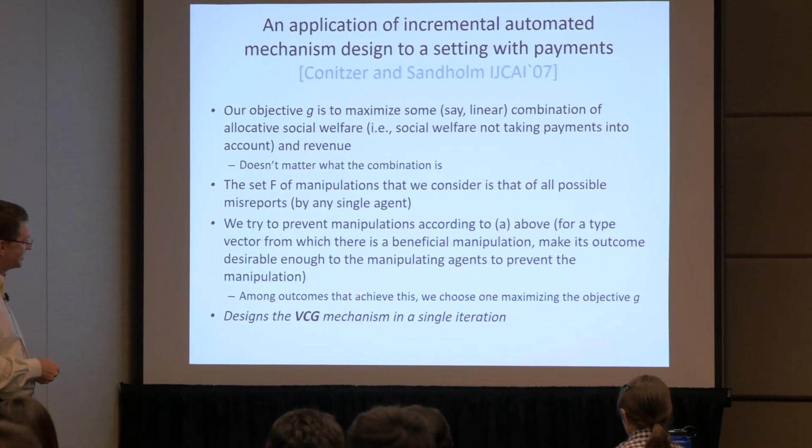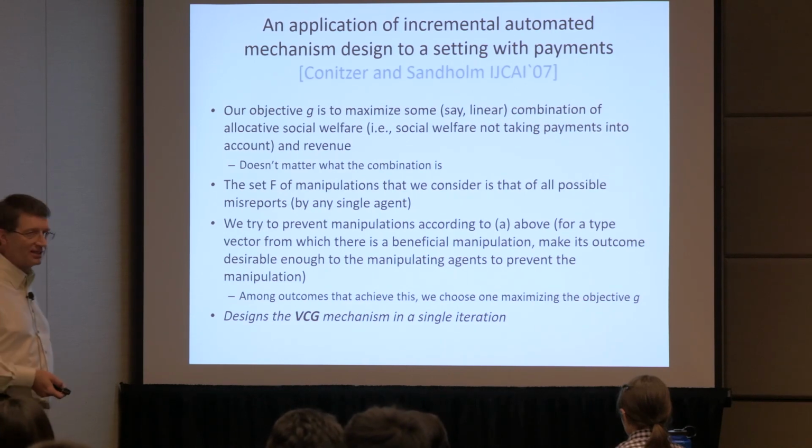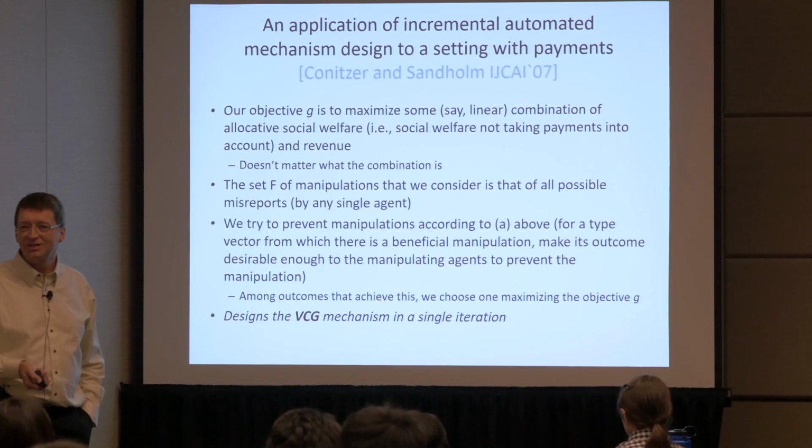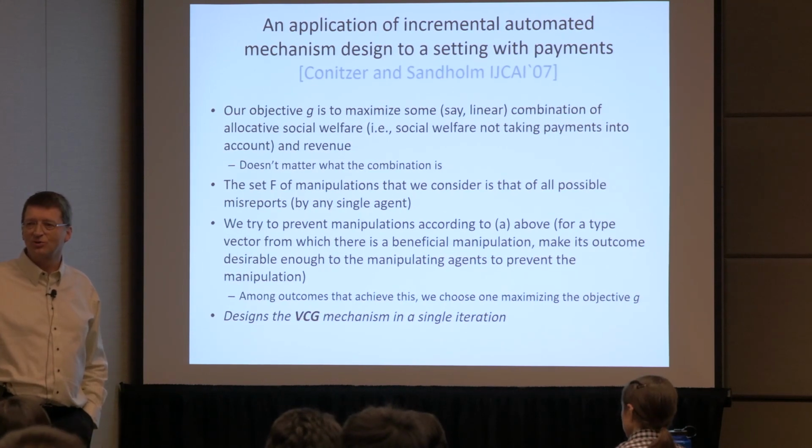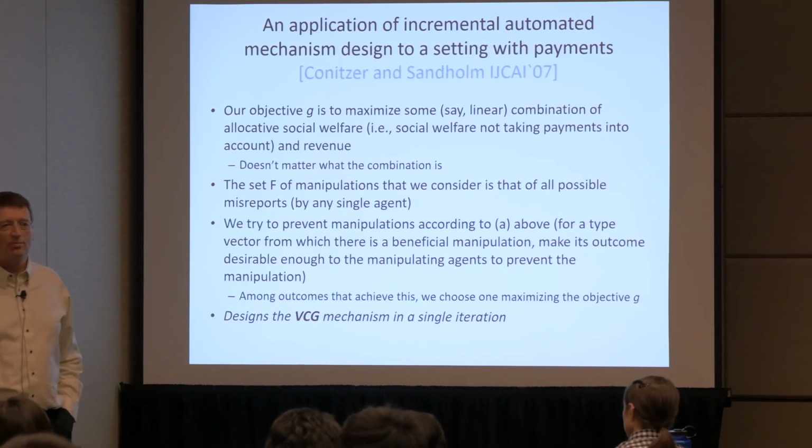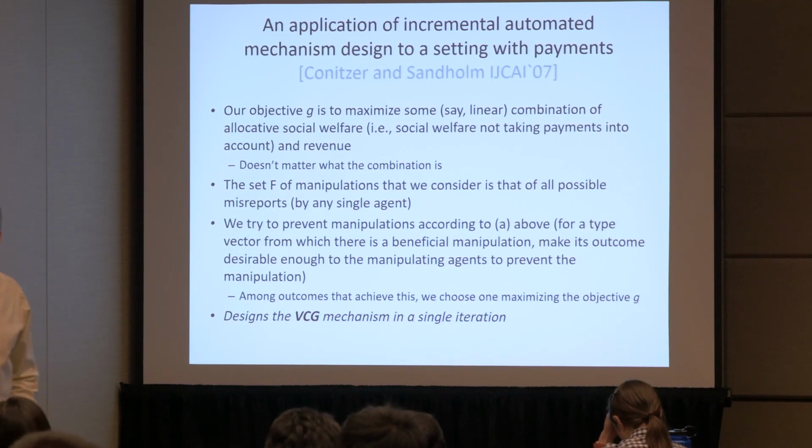And among the outcomes that achieve this, we choose one that maximizes the objective G. And in one iteration, this designs the VCG, starting from a first price auction. So most combinatorial auctions in the world are run in a first price format. In particular, all of the sourcing auctions are. And if you start from that, you get the VCG in one step.